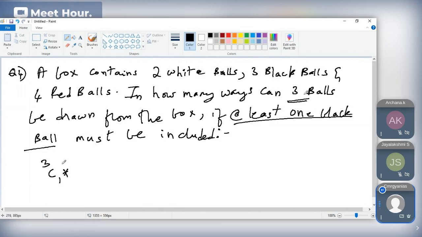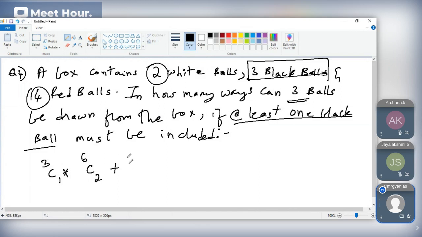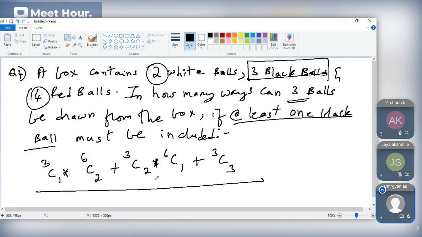So already black ball I have taken. So this black ball you remove. Remaining in this two white ball and four red ball. So totally six balls are there. In that six, I should take two. Or in this three black balls, I will take two black balls, and in remaining six, I'll take only one. Or all I will take three black only.